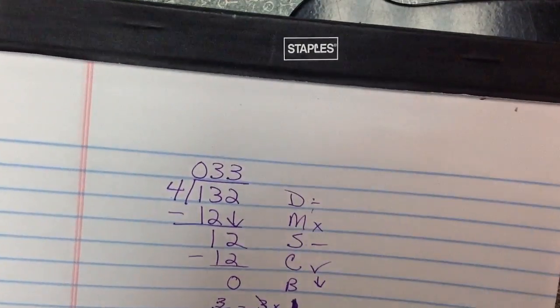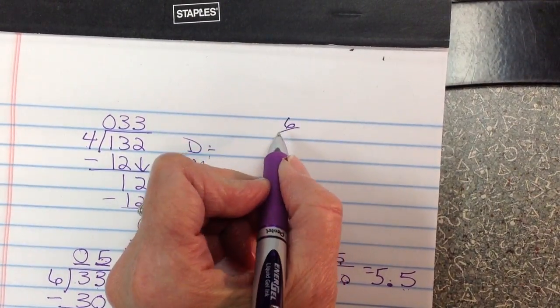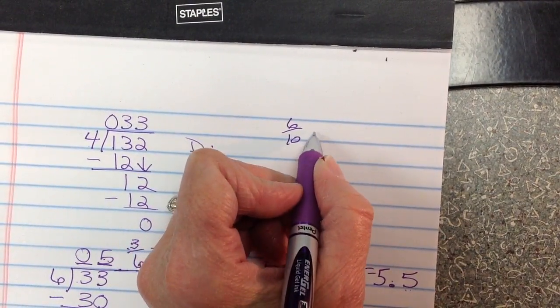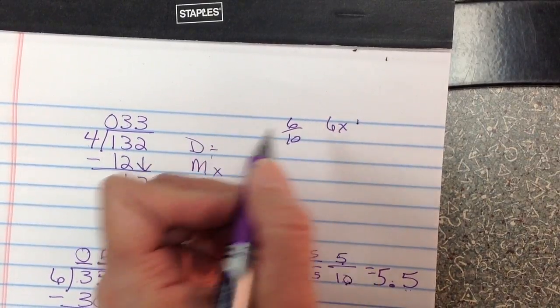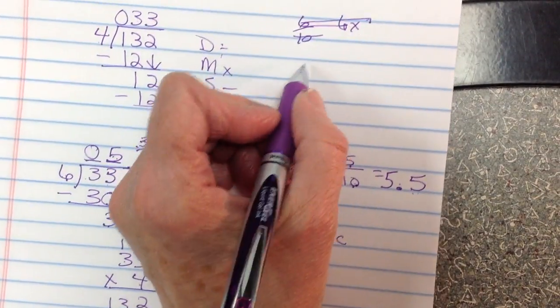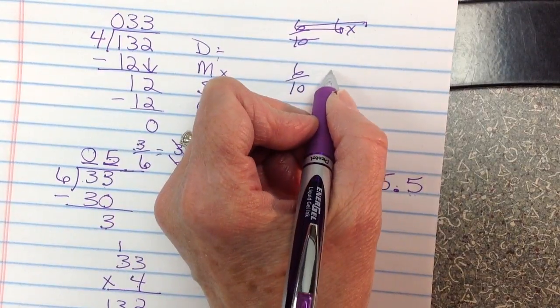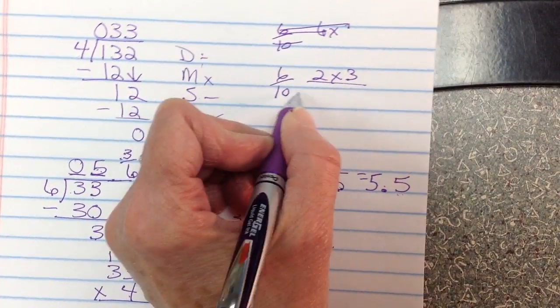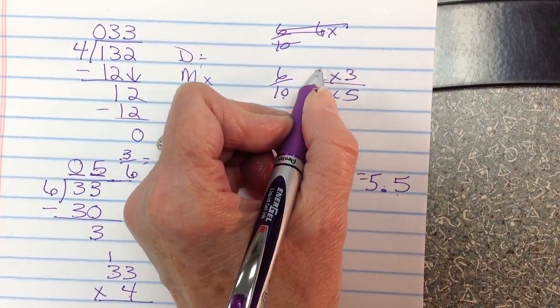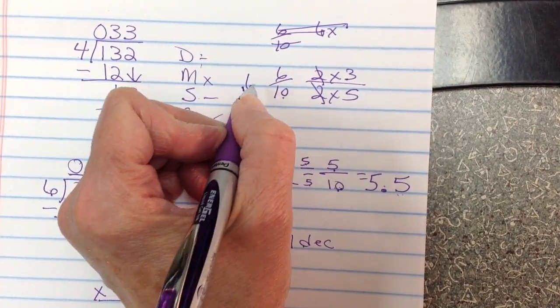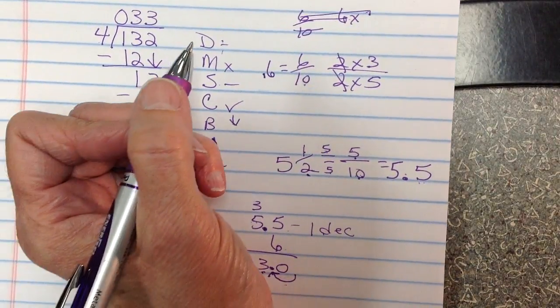And then I'll come up here and do 6/10, and that is 2 times 3 and 2 times 5, so 6/10 is 3/5.